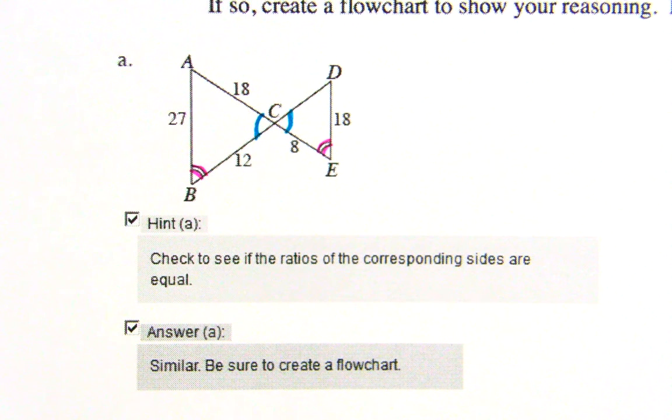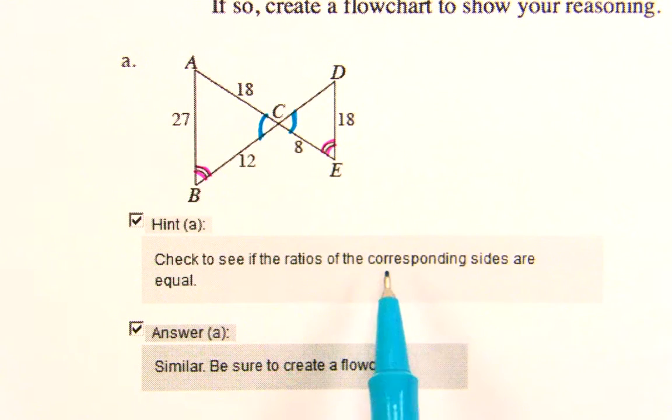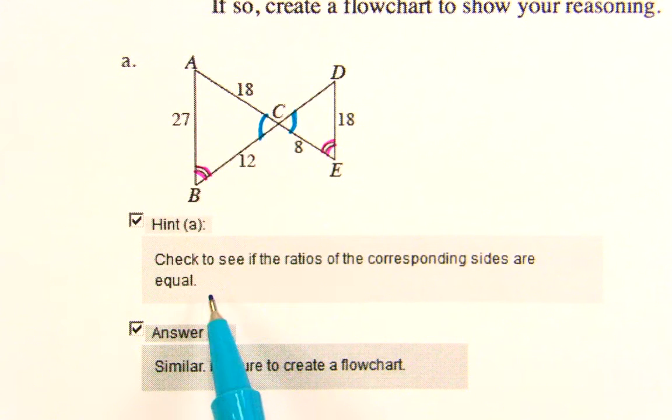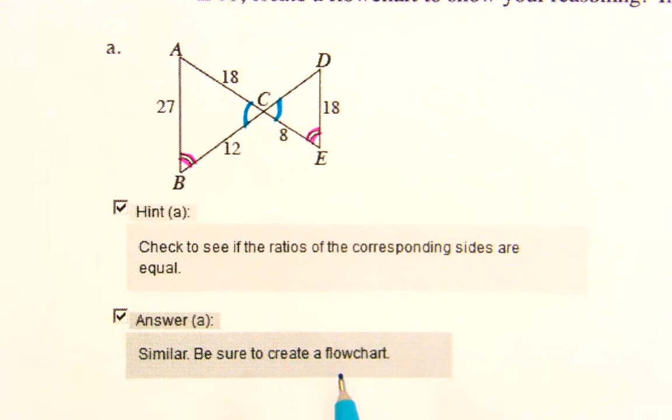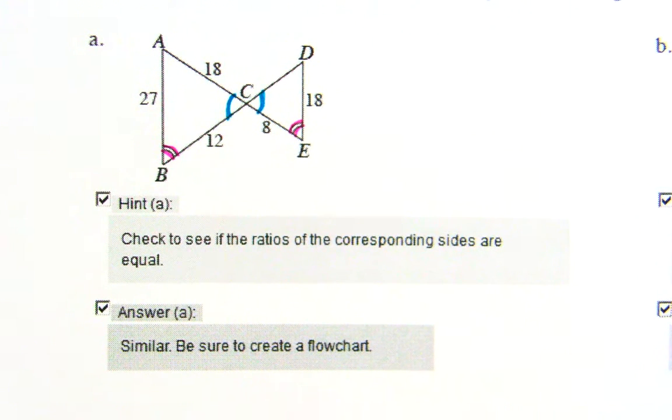I'm okay with that. I'm not going to do it that way only because it says in the hint, check to see if the ratios of the corresponding sides are equal. So what the problem wants you to do is remember how you check the ratios between two triangles to see if the sides are proportional.